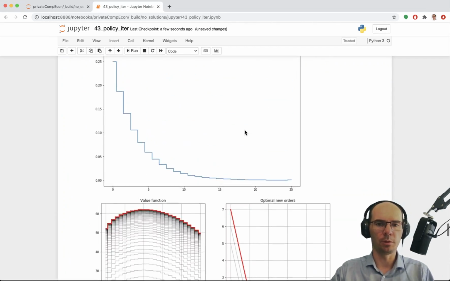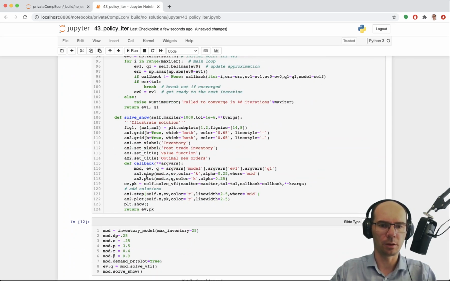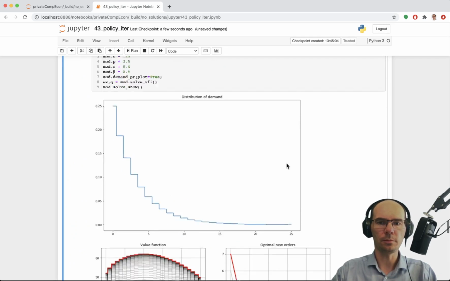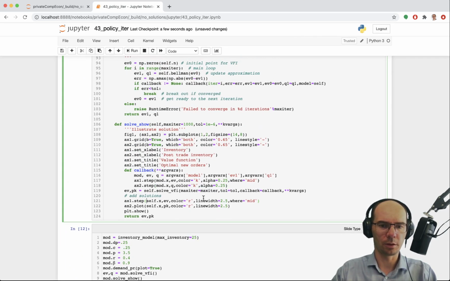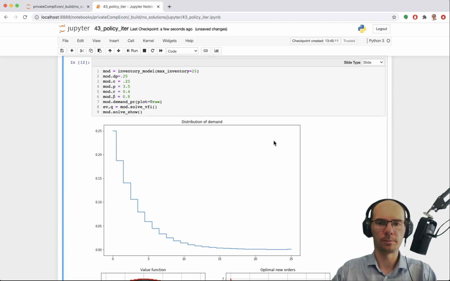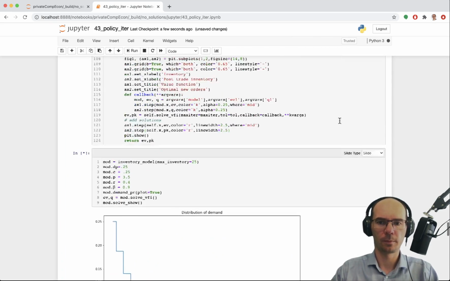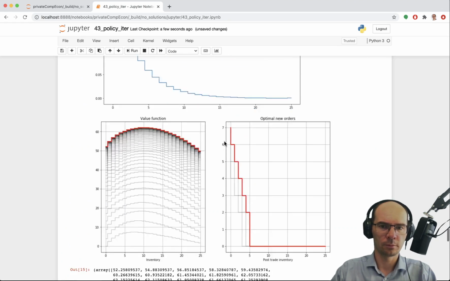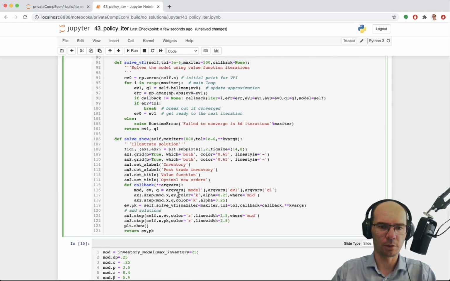It's actually probably also worth plotting it as a step line instead of the plot, because everything is discrete. And we need that magic where equals mid for this to be more readable.